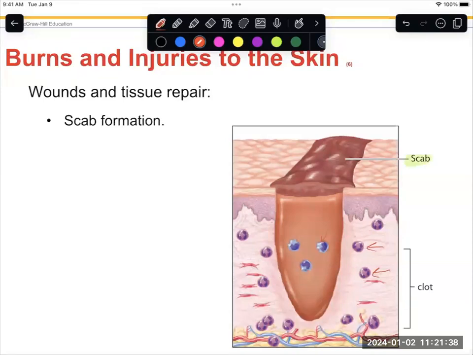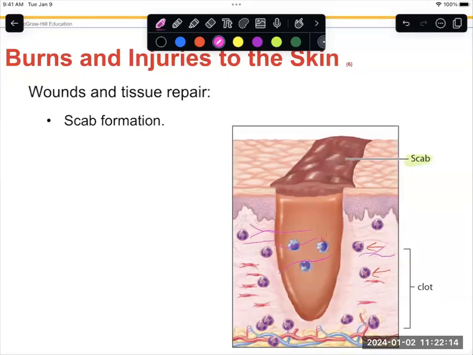So after 3 to 4 days, this clot is invaded by new cells that are forming new collagen fibers. All of these pink lines here that you see, these are collagen fibers that are coming into this area. They're going to work their way into this area and they form what is called granulation tissue, which is then going to form a scar.